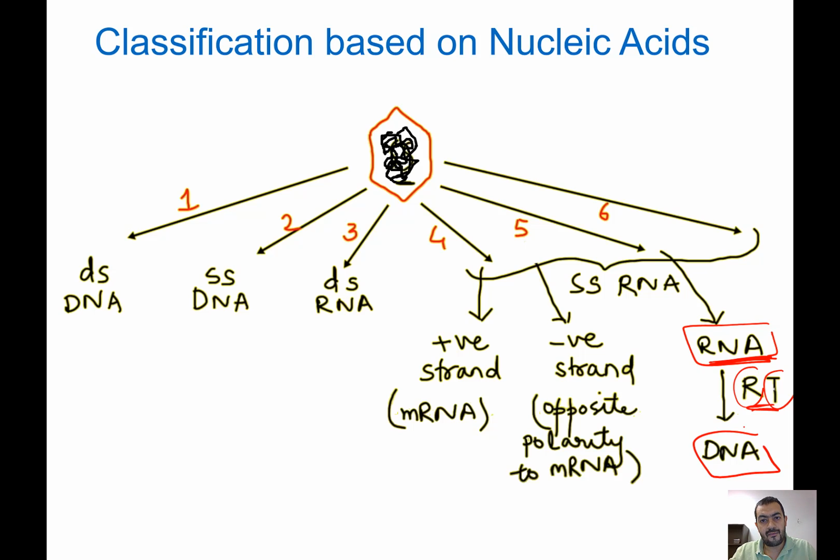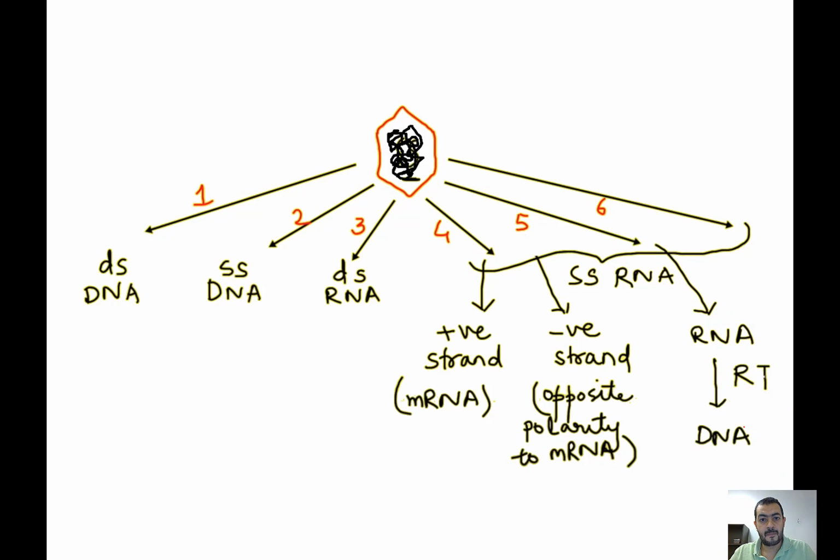Then if you go in the opposite way, that's what the reverse transcriptase will do. It will help this RNA molecule to be reversely transcribed back into DNA. So that's broadly the six different types of viruses.